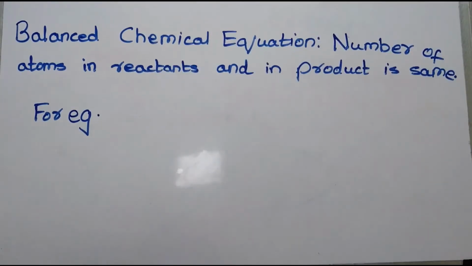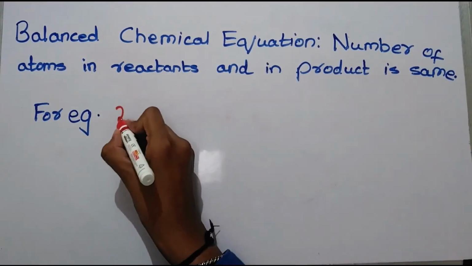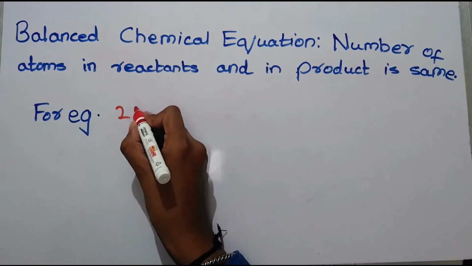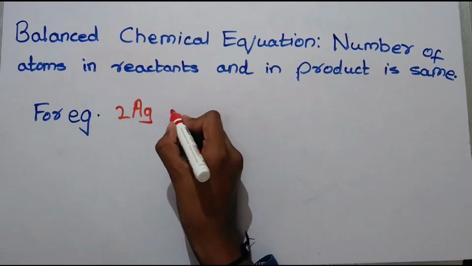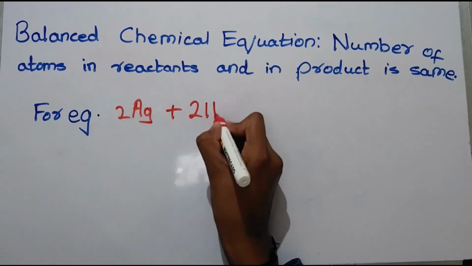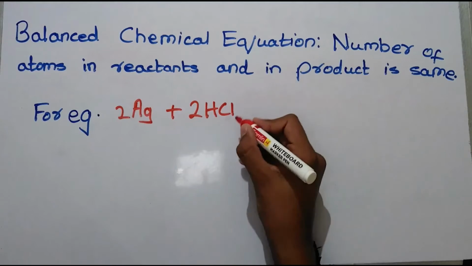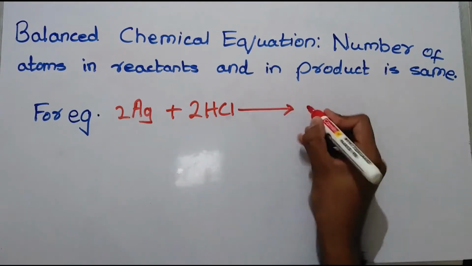So now let's take an example. Let's take a simple example like 2Ag plus 2HCl gives us 2AgCl plus H2. 2Ag means silver, Ag is silver, and 2HCl means hydrochloric acid.